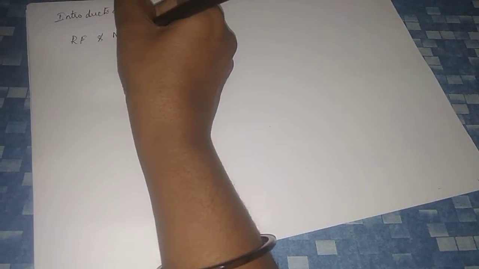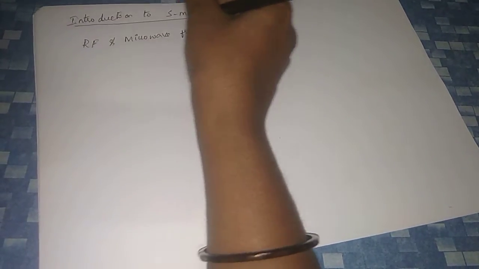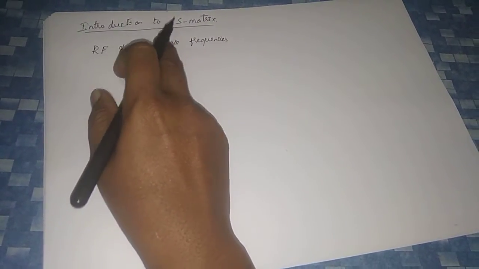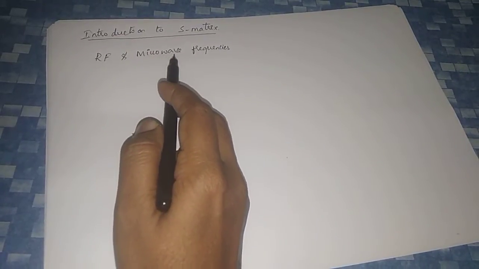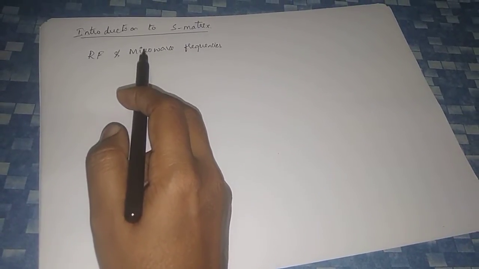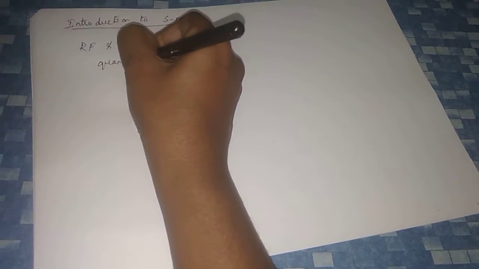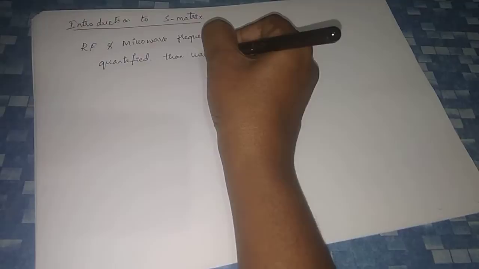Generally we say S parameters are mostly used for the networks operating at radio frequencies and microwave frequencies, where signal power and energy considerations are more easily quantified than the currents and voltages.